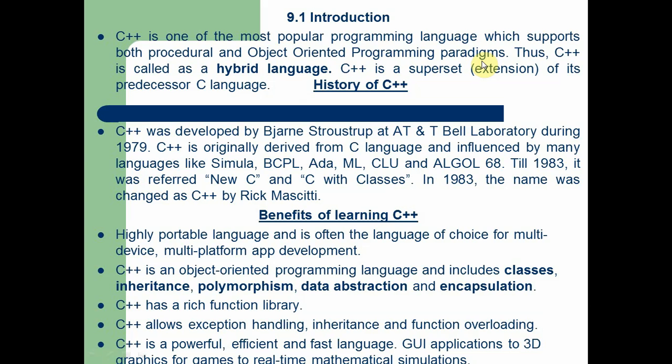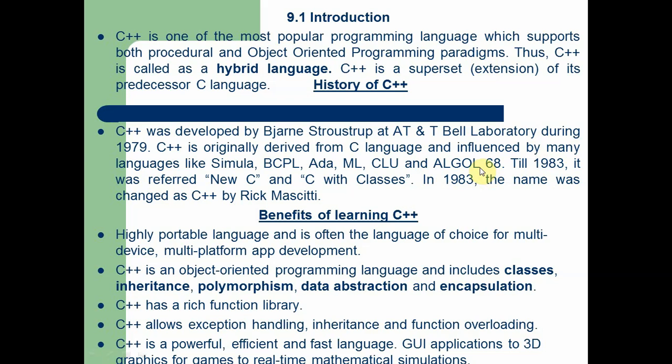When we talk about the history of C++, Mr. Bjarne Stroustrup invented C++ at AT&T Bell Laboratories in 1979. Originally, C++ is derived from C language and influenced by many languages like Simula, BCPL, ADA, ML, CLU, Algol 68.